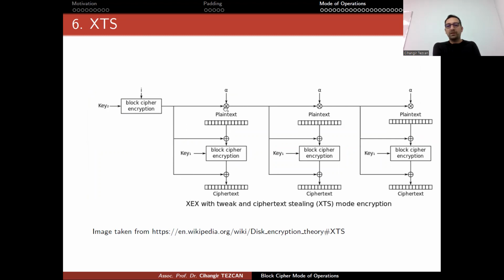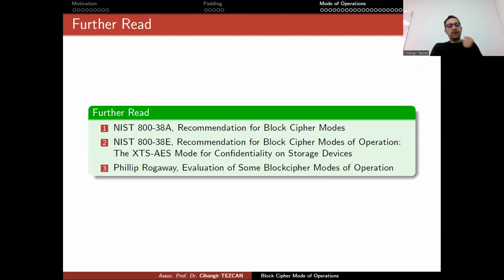And this operation is just a small operation, sometimes a Galois field operation, but this changes the value here so that it is used like an IV. I'm not going to go into more detail on this mode of operation. If you're interested, you can check the details. But again, it is generally used in full disk encryption.